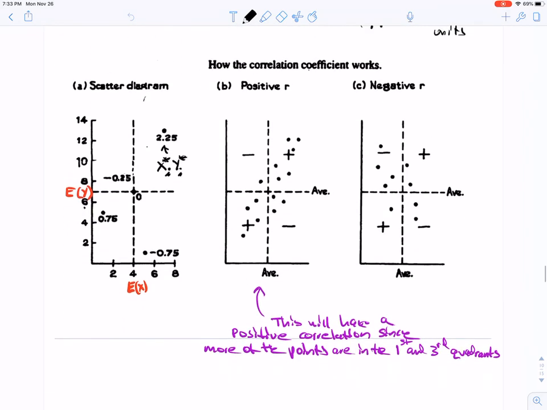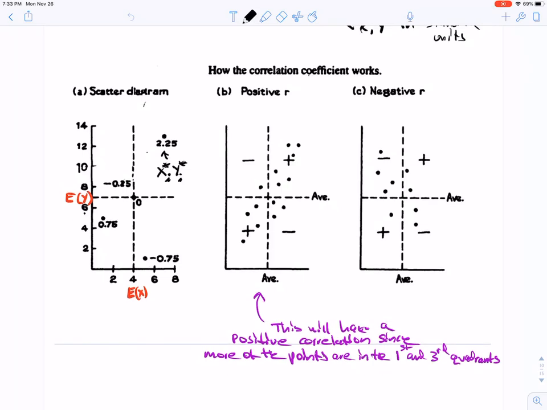And so say that you have a scatter diagram, okay? So these points in the plane each have an xy coordinate, you can divide up the plane into 4 quadrants given by the expectation of x and expectation of y as being your axes.